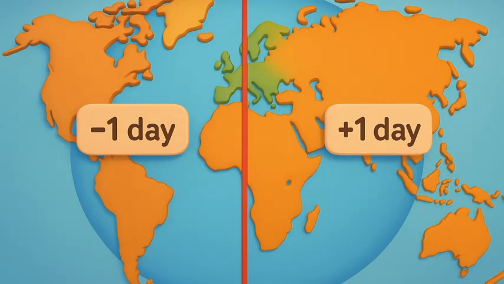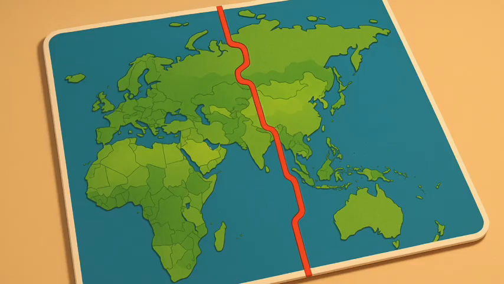If you cross it traveling westward, you add a day, from Sunday to Monday. We said that the international date line is approximately at 180 degrees longitude, as it deviates in places to avoid dividing some countries into two different days.